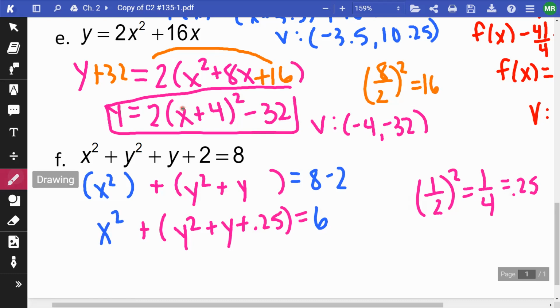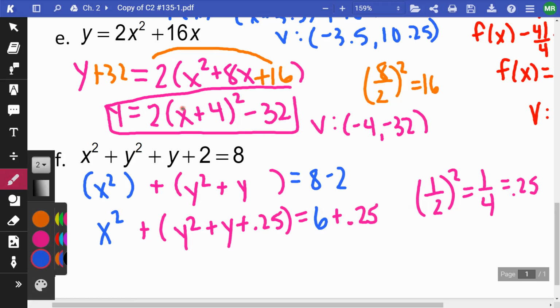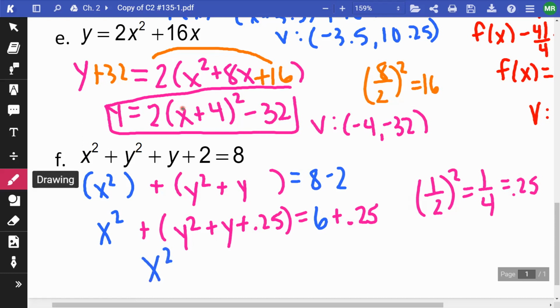And then again, I'm adding 0.25, I apologize. And so I'm going to end up getting x squared plus, and this is going to be y plus, and then this is going to be half of 1, which is 0.5 or 1/2 squared.